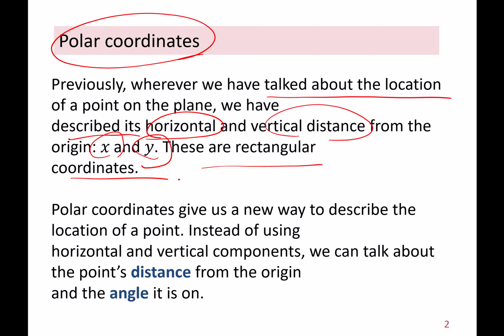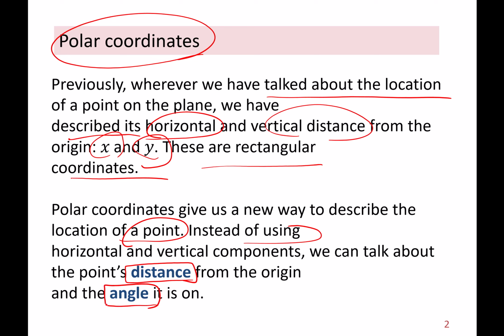Today we will talk about the polar coordinate system, which gives us a new way to describe the location of a point. Instead of using horizontal and vertical components, we can talk about the point's distance from the origin and the angle.